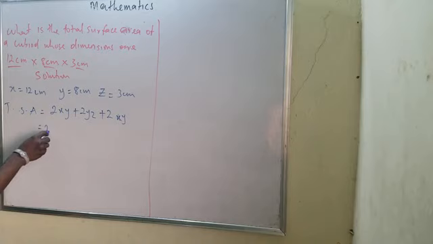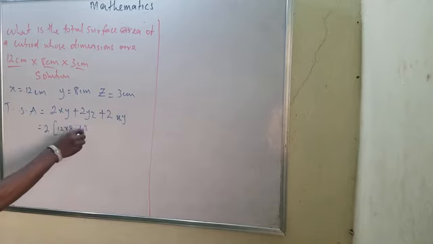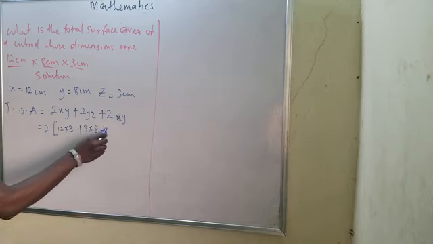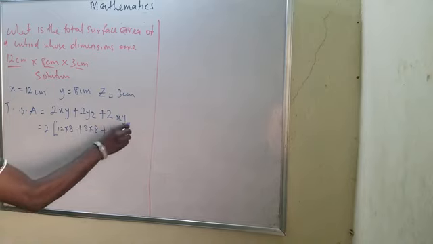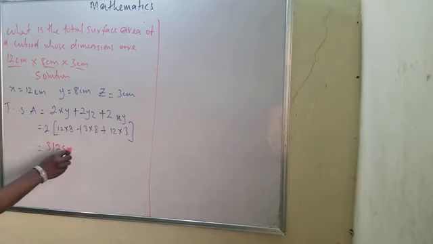Since I have it this way, I can now say that it will be 2 into the bracket of xy, 12 multiplied by 8, plus 3 multiplied by 8, plus 12 multiplied by 3, which by having them together, my answer will now be 132 centimeter squared.